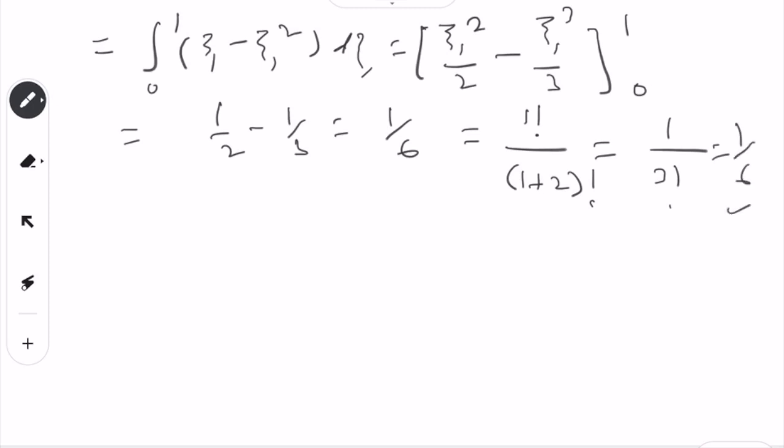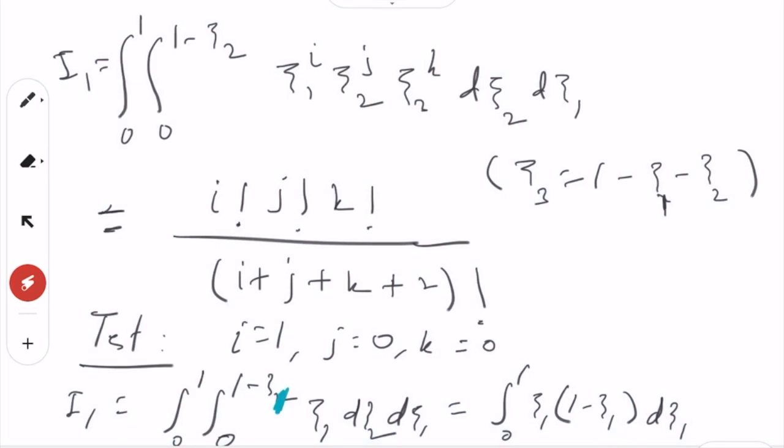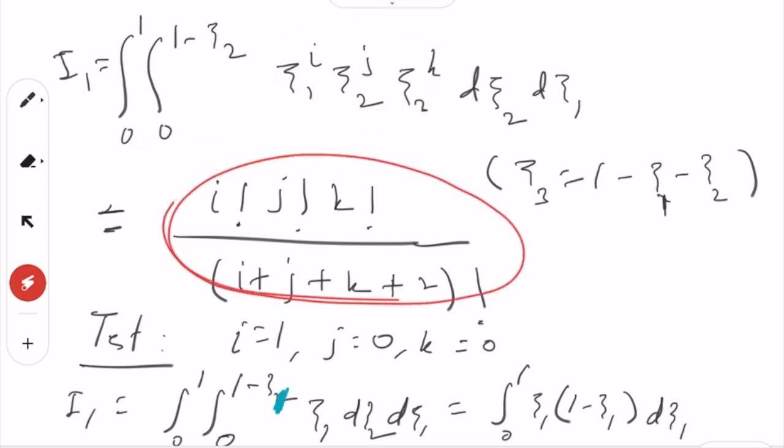Similarly you can find out for all others. You can take i equal to 1, j equal to 1, and you can check. Even for the full one we can check. Just analytical integration, lengthy integration, you can apply. You can actually derive this equation very easily.